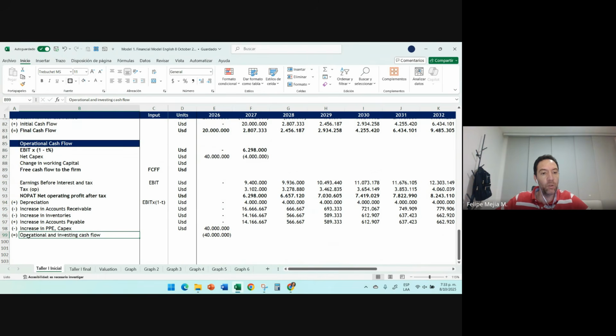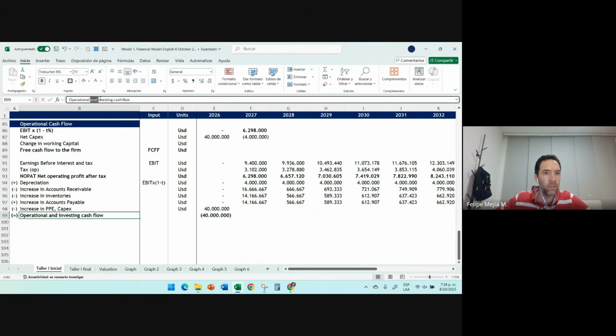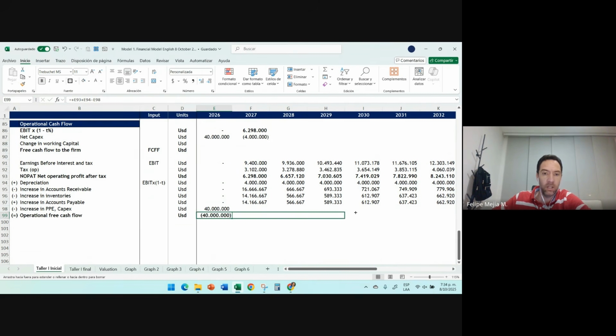So it should be called operational and investing cash flow, but for some reason, it's popularly known as operational cash flow. Actually, it's called operational free cash flow. I was forgetting about the free. Free for who? Free for the owners of the company and the banks, considering that it's paying the highest amount of taxes that a project can possibly pay.